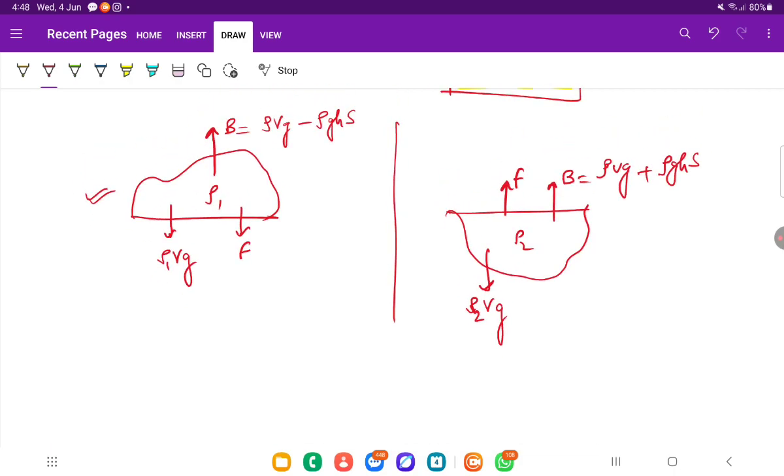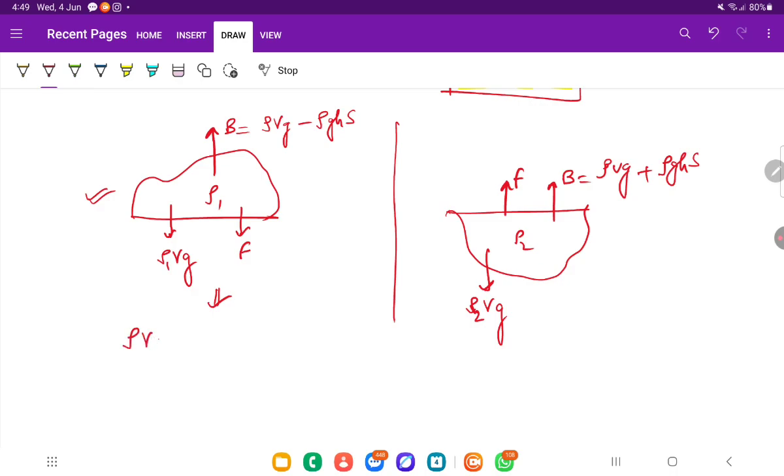So you can solve from any one of the free body diagrams, right? So I'm solving from the first one only. Just balancing all the forces, and it will sum up to 0 as it is in vertical equilibrium. I mean total equilibrium also, but we have shown only the vertical forces.